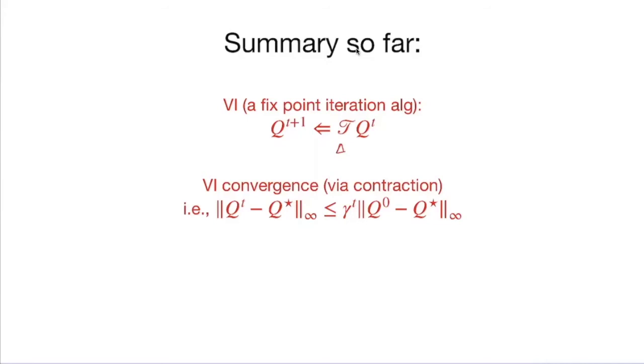We just prove that this converges exponentially fast, and the difference between Q t and Q star shrinks in the order of gamma to the power of T. This is the same convergence rate that we had for policy evaluation.